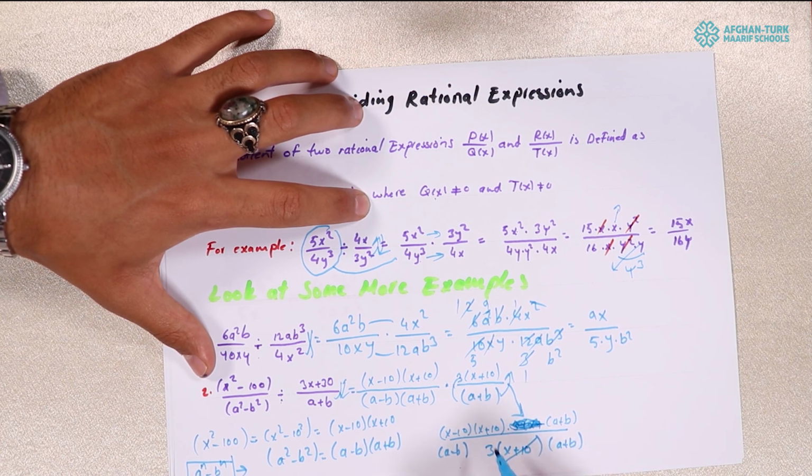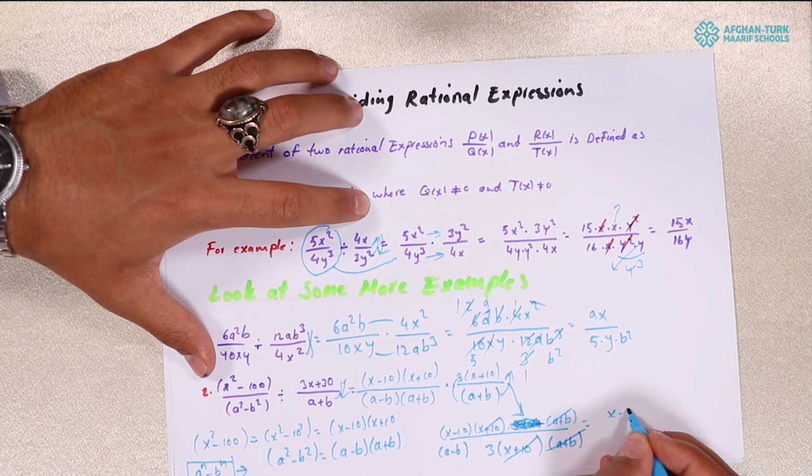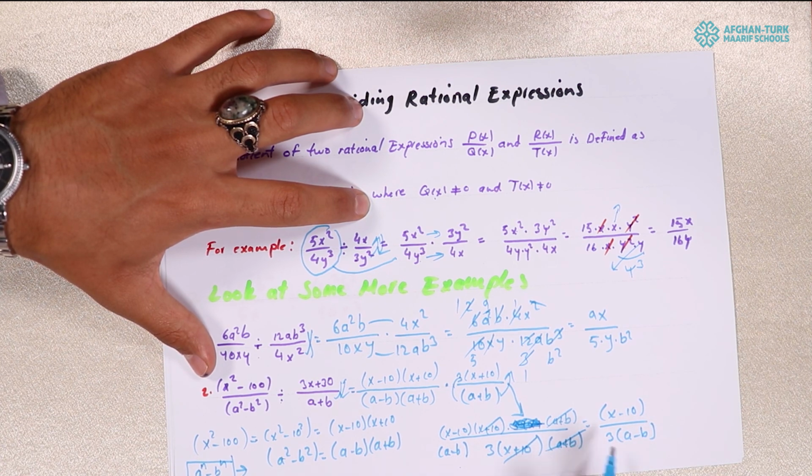X plus 10 goes with x plus 10. A plus b goes with a plus b. So we have x minus 10 over 3 times a minus b. This a minus b and this a plus b is from the first fraction here. Okay? X minus 10 and x plus 10 is from here.